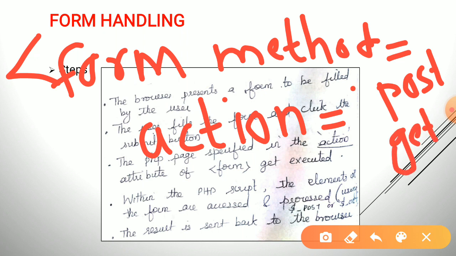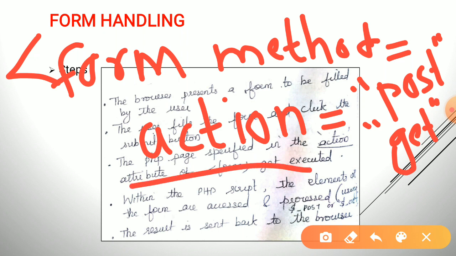So the method can be the get method or the post method. You have learned the get and post methods in chapters 1 and 2, and you know the difference between these two. An HTML form's data can be sent to the server using the post or get method. Now comes the action part.